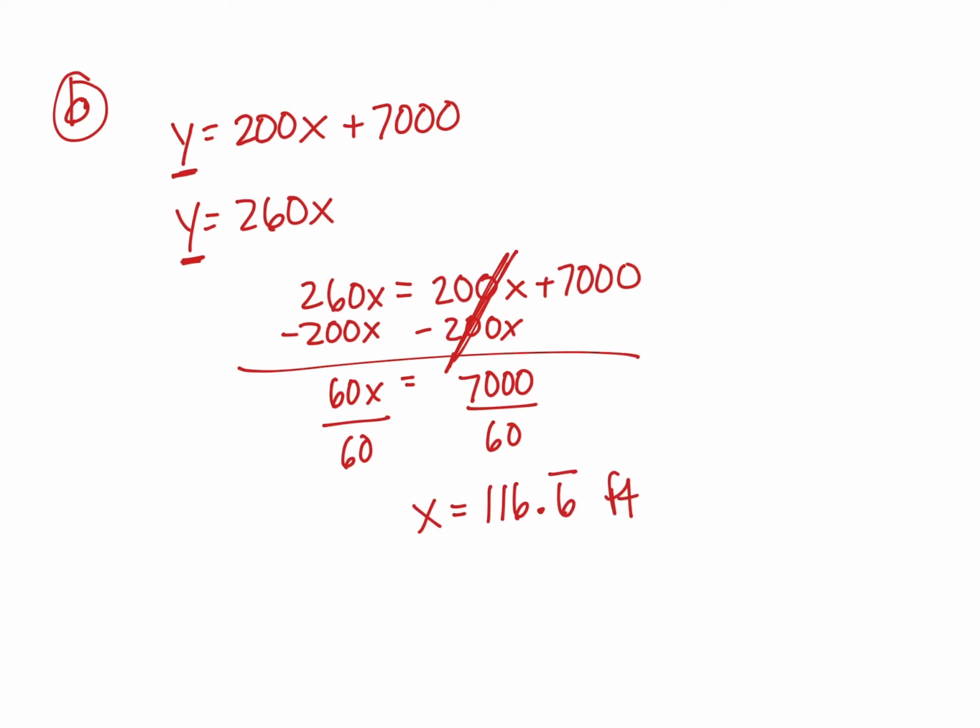Then it says, what is the cost when these companies charge the same amount? So now we're going to take the x value and plug it in for x and solve it for y. And so we're multiplying 260 by 116 2/3.